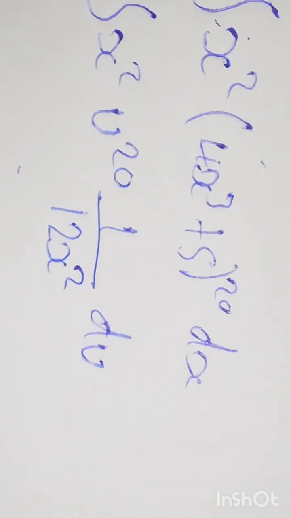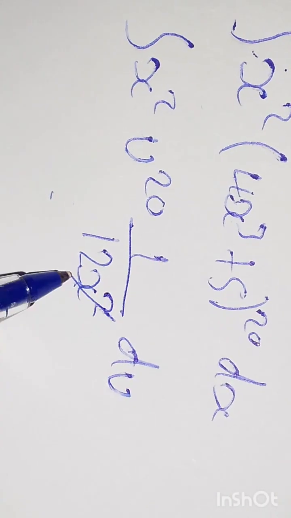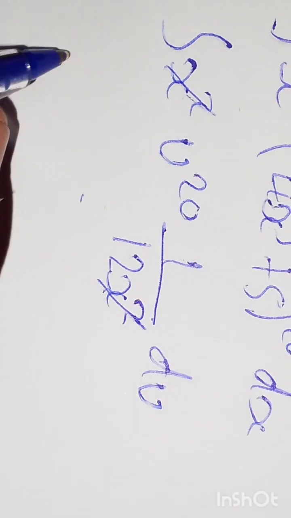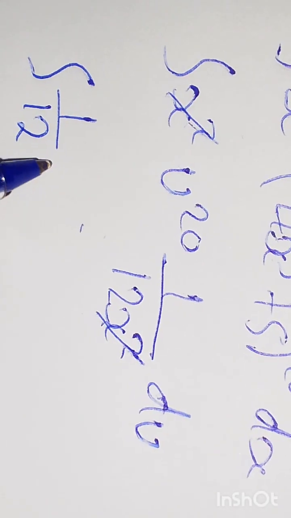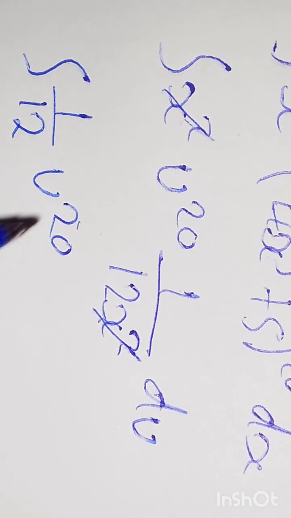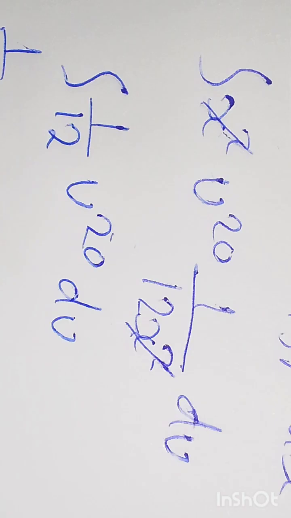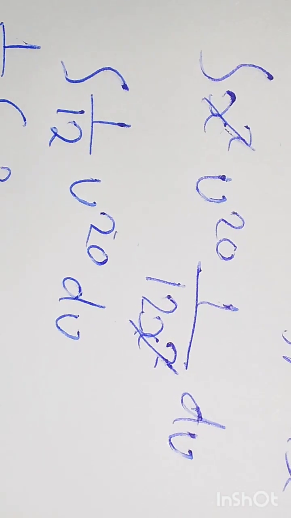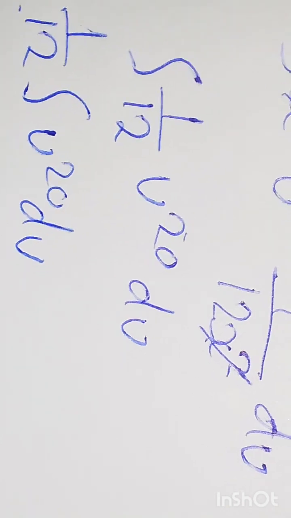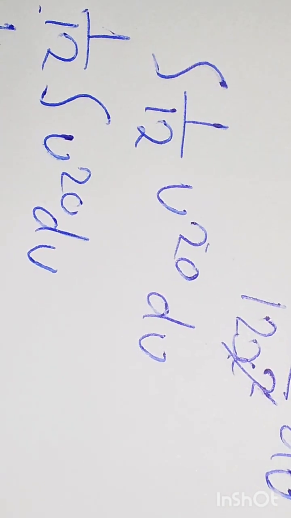Here, as you can see, you have x squared here and x squared here. These two we can cancel. So it will be the integral of 1 over 12 u to the power 20 du, which is 1 over 12 times the integral of u to the power 20 du.